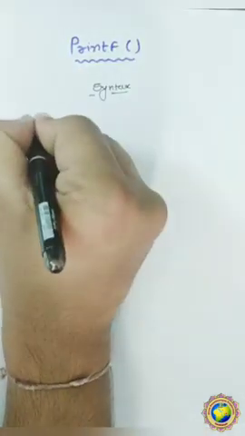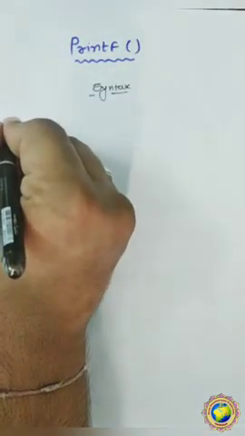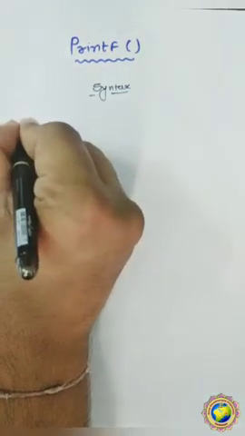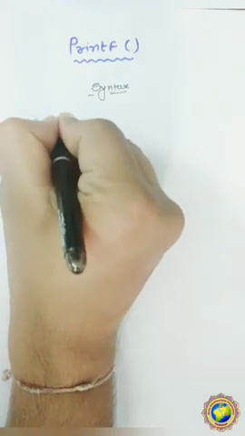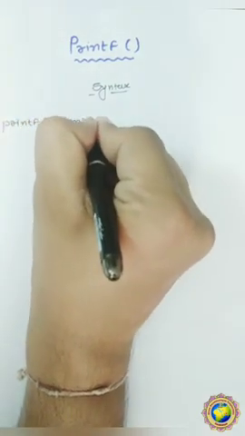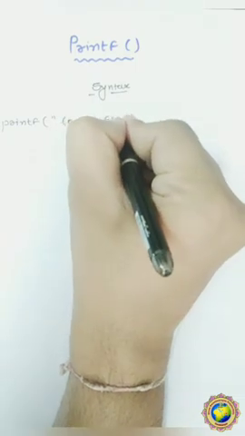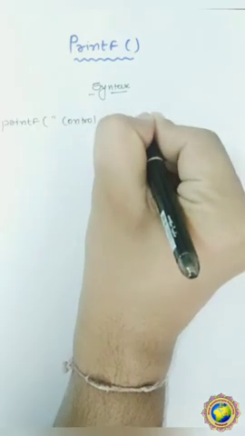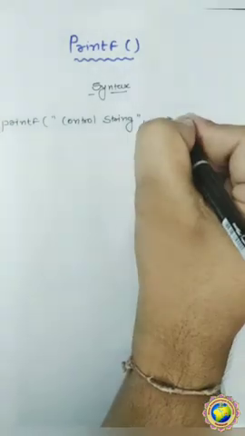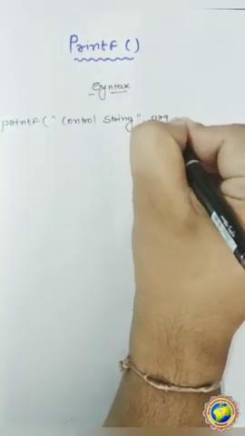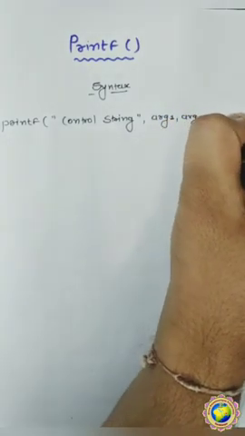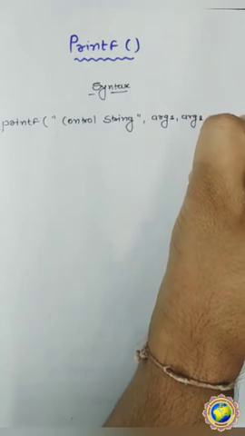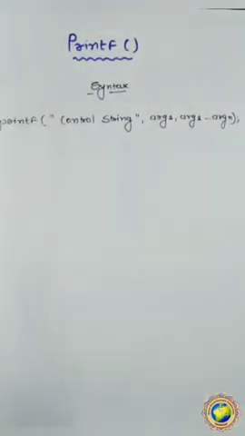We have to write printf, then in double inverted commas the control string, then a comma, argument 1, argument 2, and up to argument n. And this is a semicolon.